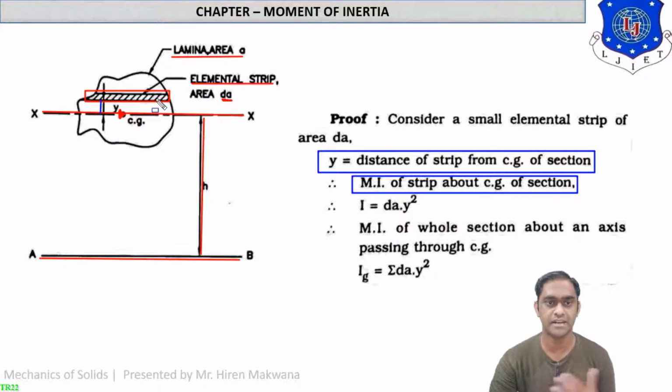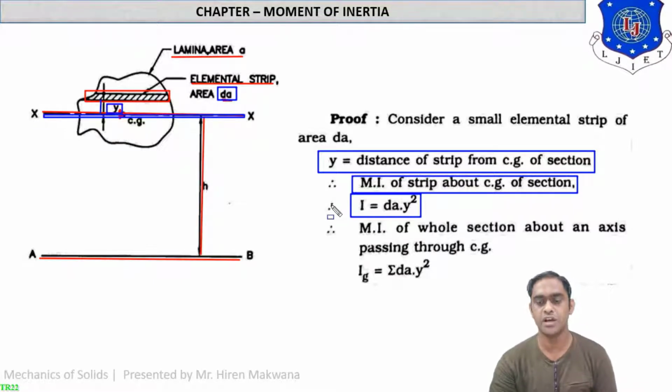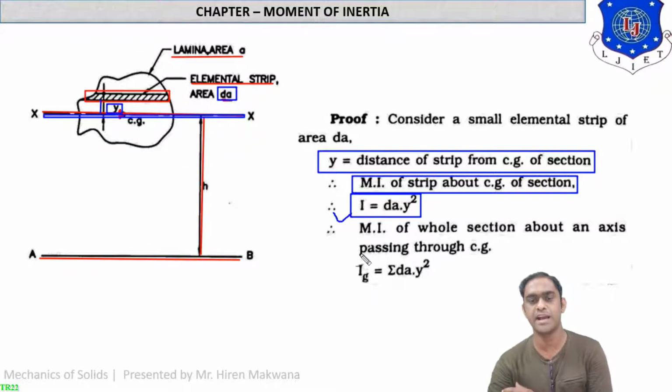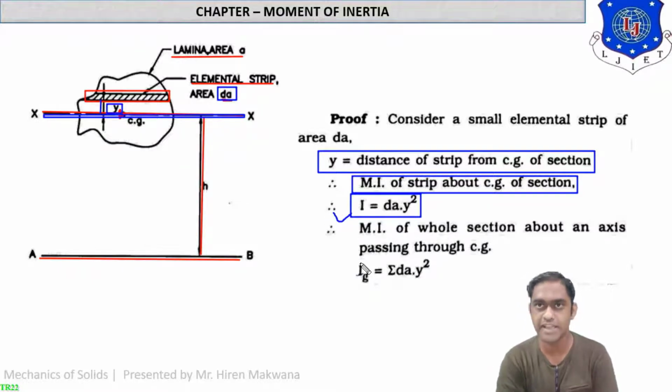Strip is rectangle, but actually strip is having area dA. So according to the definition of moment of inertia, I is given by area dA into square of the distance y, because y is the distance from this x-axis of the particular strip. So moment of inertia of this strip is given by I is equal to dA into y square.